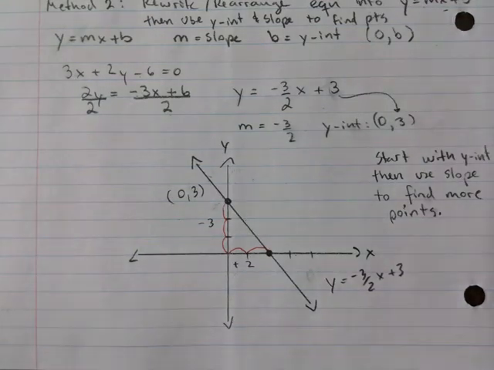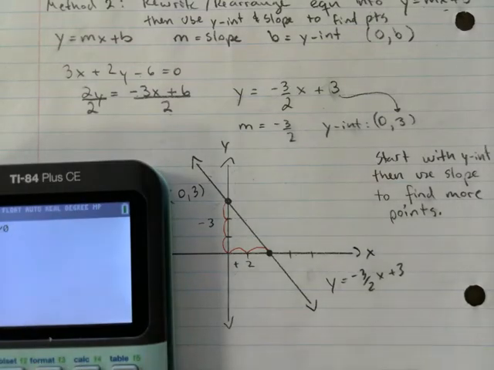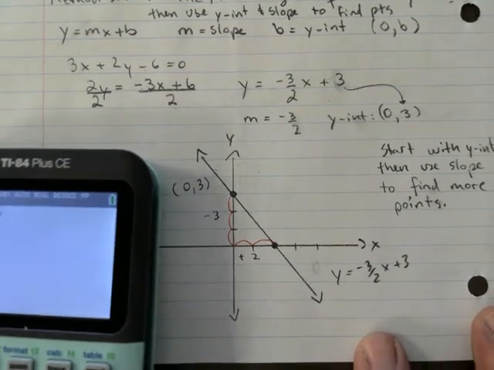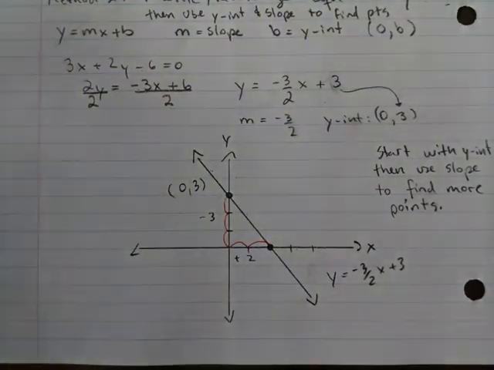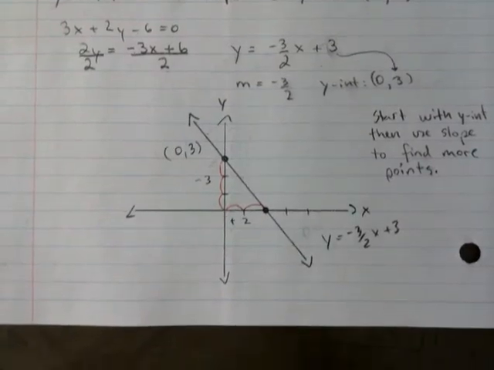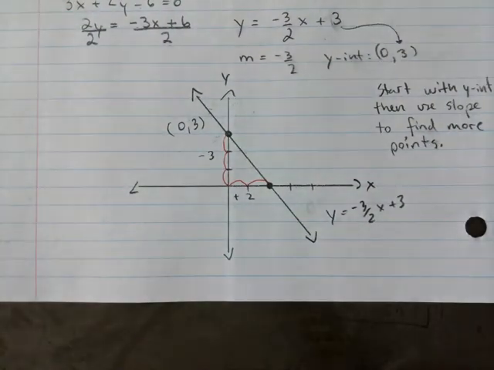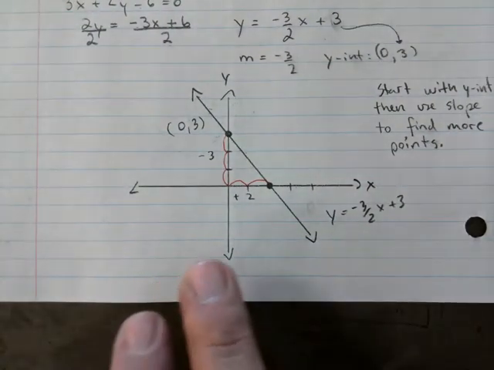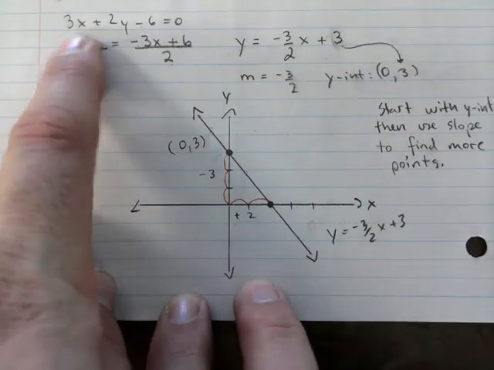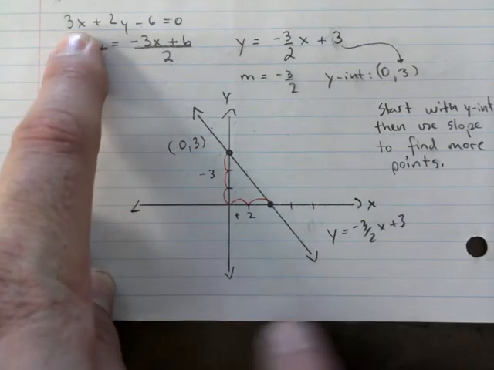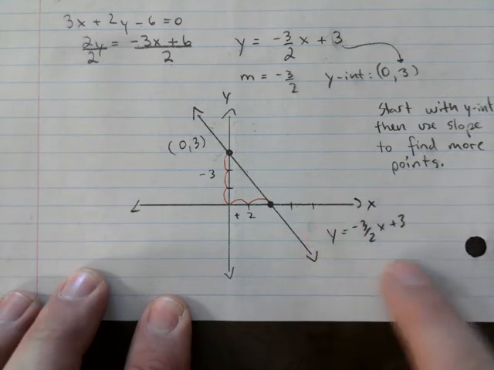And one more go at it using our calculator. If you want to grab your calculator at this point. We cannot enter this one into our calculator. We can only enter something that's isolated like this one here.